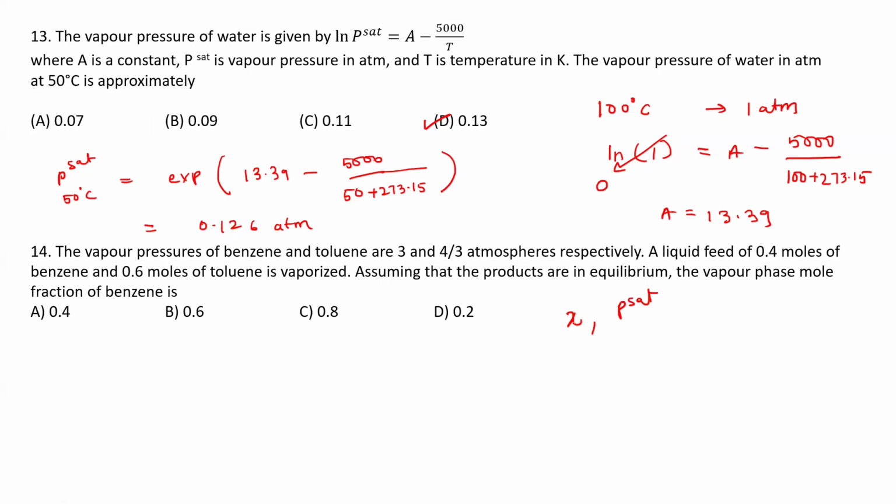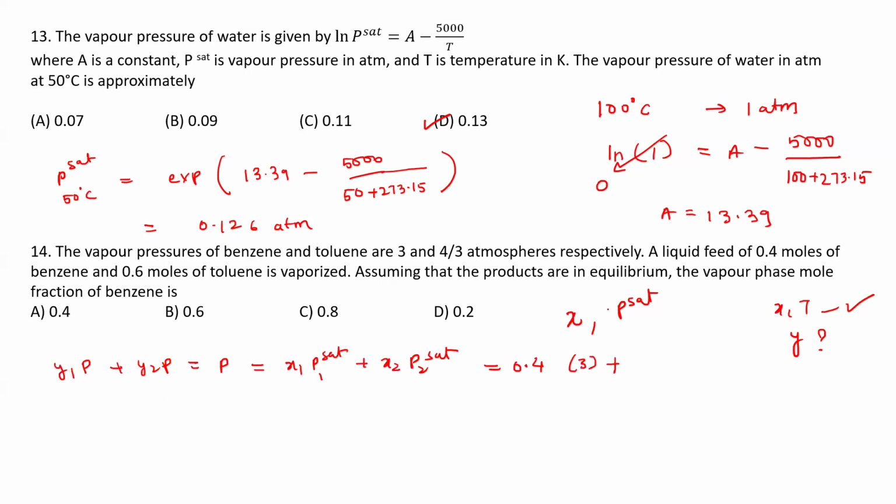So this is a problem where X and T are known, and we are asked about Y. As I told you earlier, Y1P plus Y2P is equal to P, equal to X1 P1sat plus X2 P2sat, and this is equal to 0.4 into 3 for benzene plus 0.6 into 4/3.